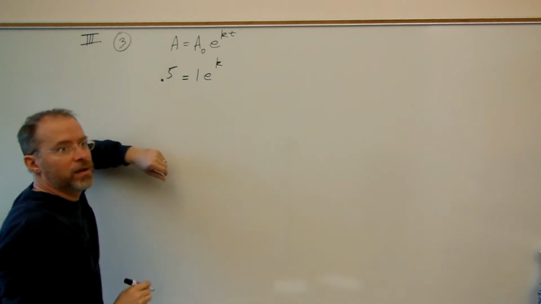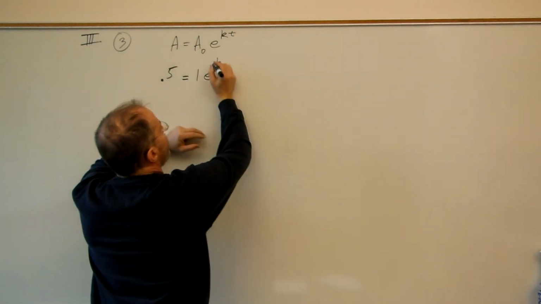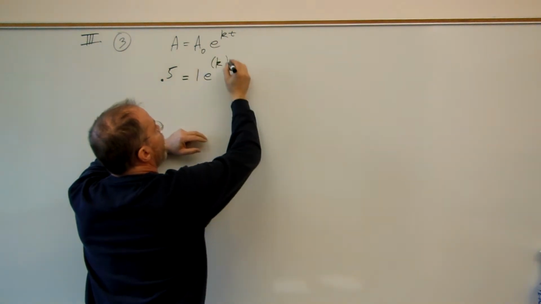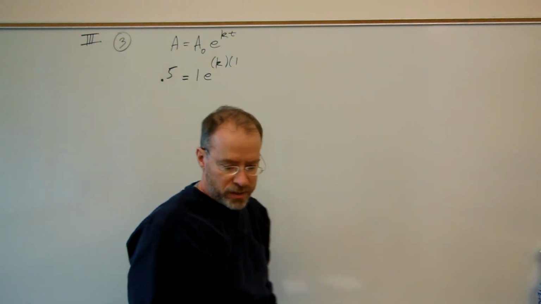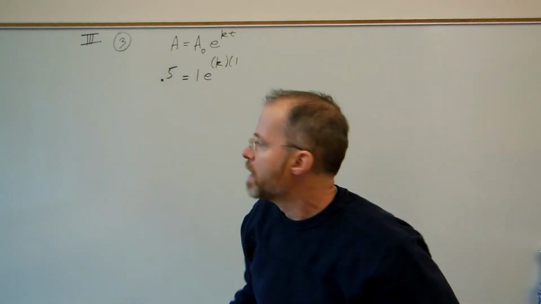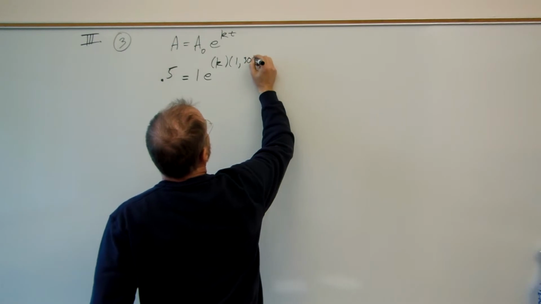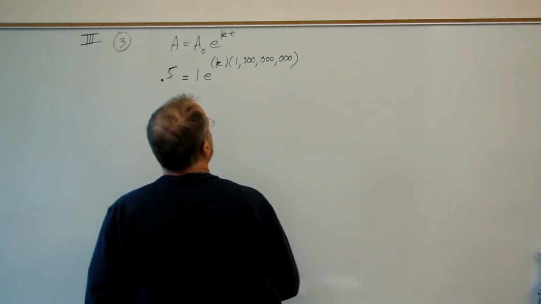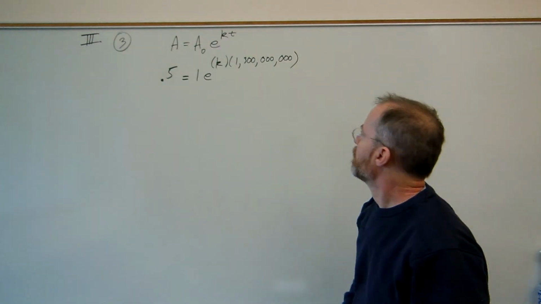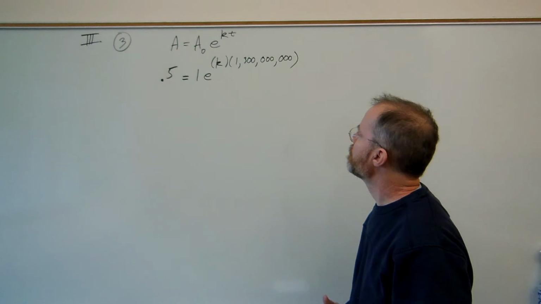I don't know the rate of decrease yet as a percent rate, but I know that the time is the half-life, and this was 1.3 billion years. I could do this in billions, but I'm going to go ahead and write out 1.3 billion with all the zeros, okay?